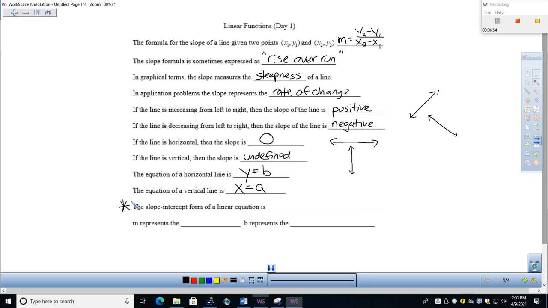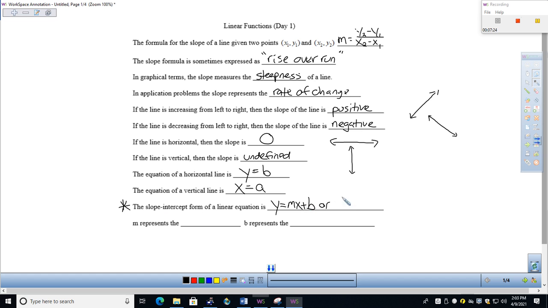And as I said, this should look very familiar to you. So slope-intercept form of a linear equation, meaning within the form of the equation, it denotes the slope, and it denotes the y-intercept. That's what the intercept stands for there. And of course, you've seen this potentially as y equals mx plus b. Slope is the m, y-intercept is the b.